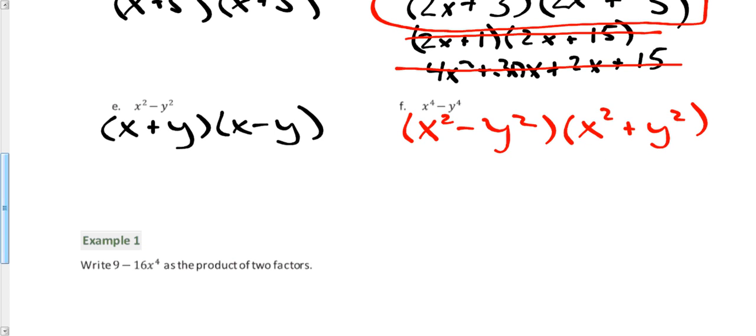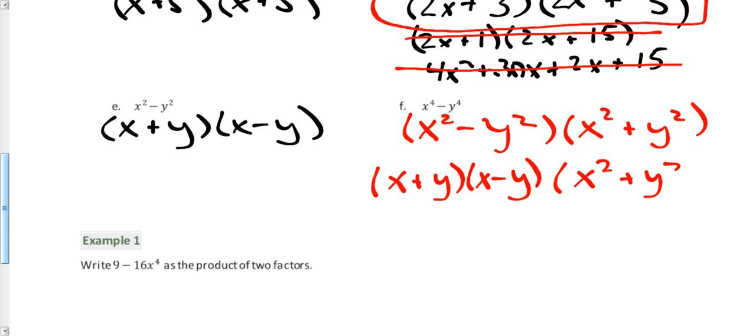So this turns into x plus y times x minus y. Can I factor this anymore? No. I can't factor x squared plus y squared.